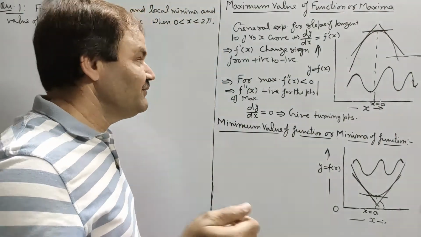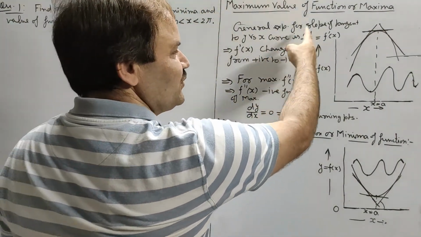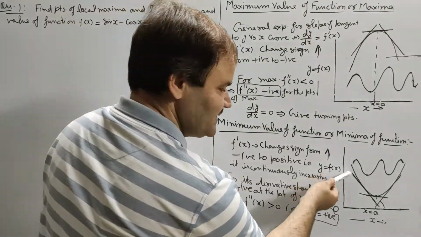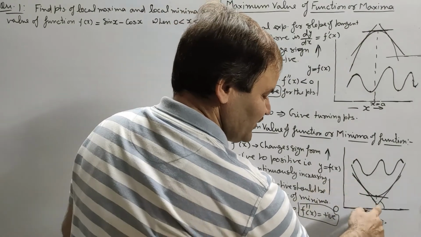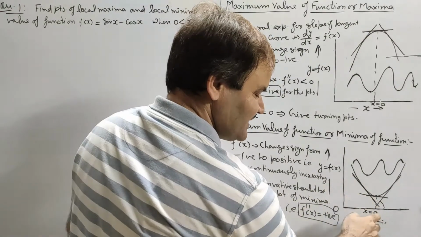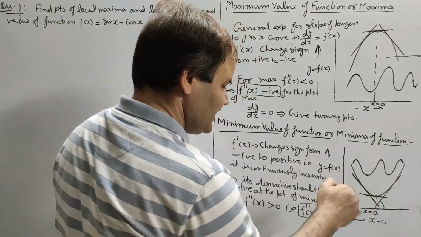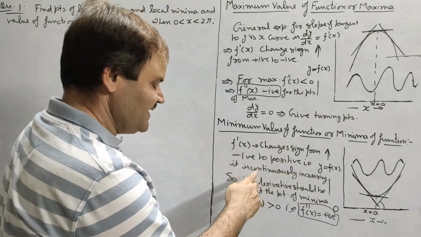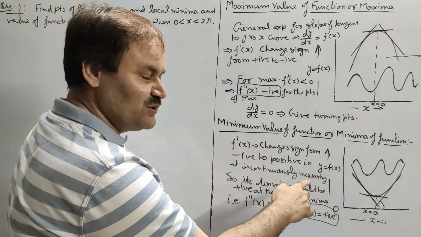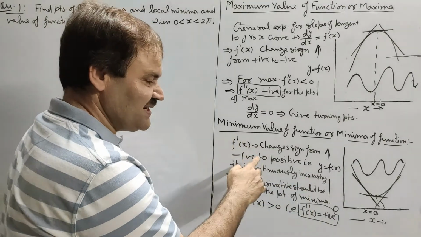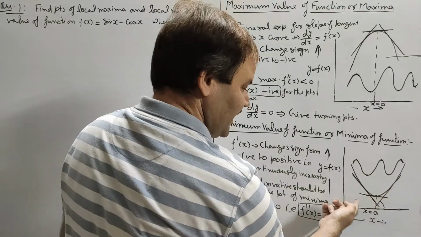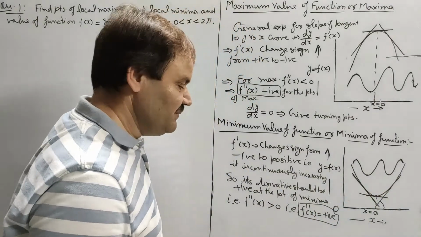And again we know that the slope of the tangent to the curve is given by f dash x, as the slope of the tangent to the y versus x curve changes its sign from negative to positive. We can say that the slope of the tangent to the curve, that is f dash x, is continuously increasing at the point of minima.